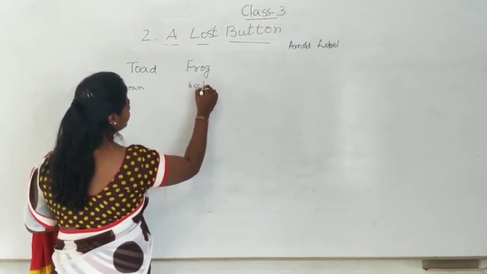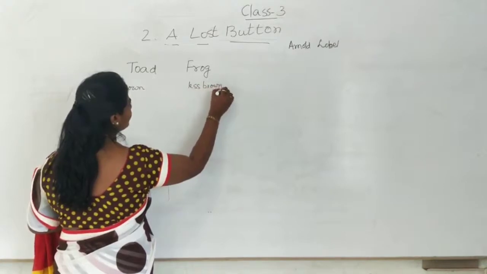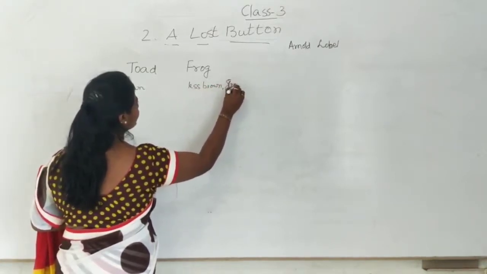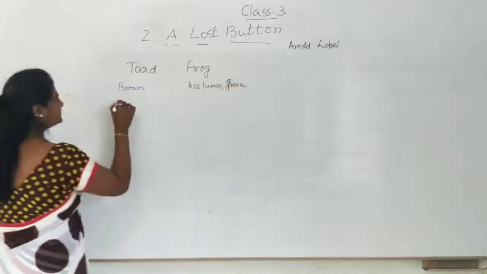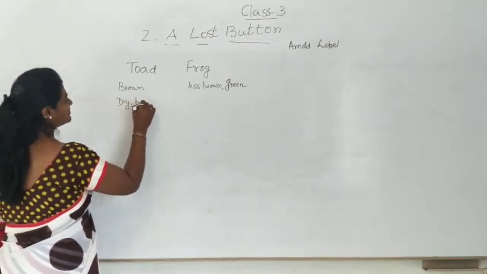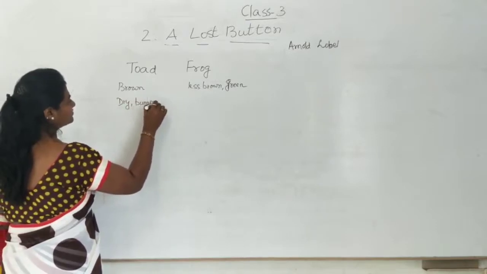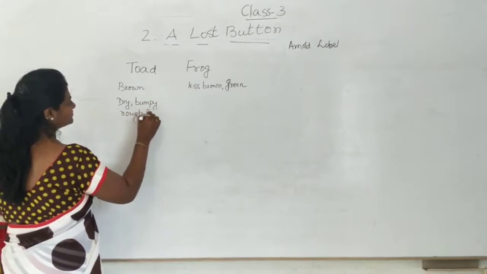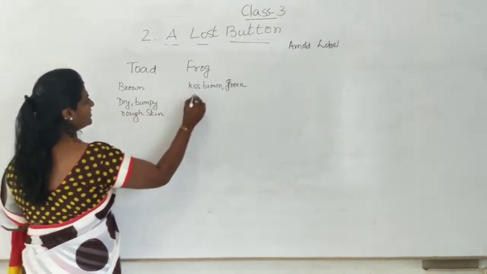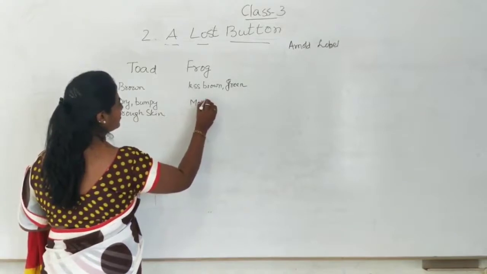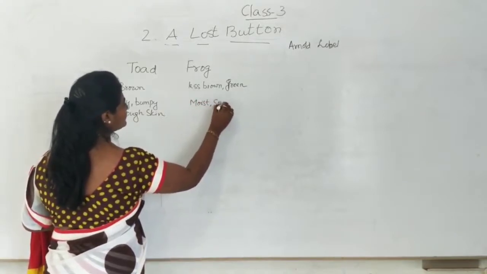They are less brown, very light brown, and they are mostly green in color. Okay, toads have very dry and bumpy skin and rough skin, whereas frogs have very moist and smooth skin.